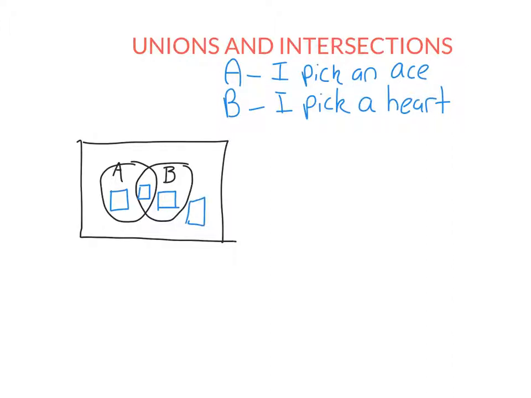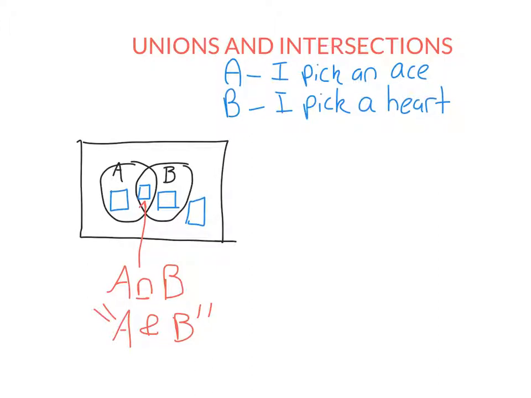This middle section is in circle A and circle B. This is what we call the intersection of A and B. We write that little ∩ there, which means intersection. You read that as A and B, both of them. So the number that goes there is the number that are in A and also B.